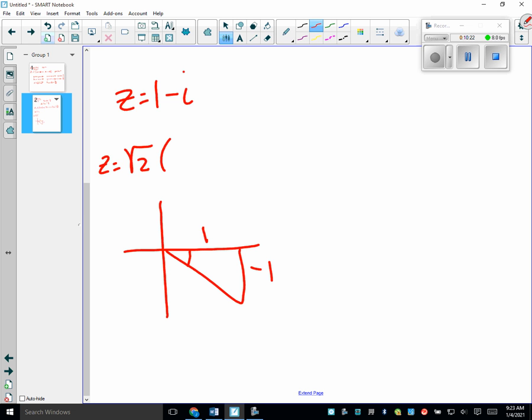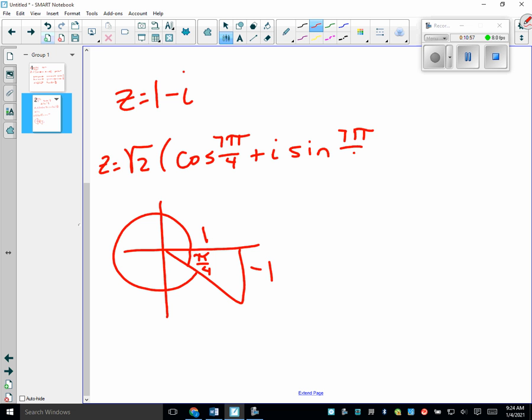No, the angle, not the number. Pi over 4. Thank you. So the angle is pi over 4. So is that my angle? So cosine 7 pi over 4 plus i sine of 7 pi over 4. Right?